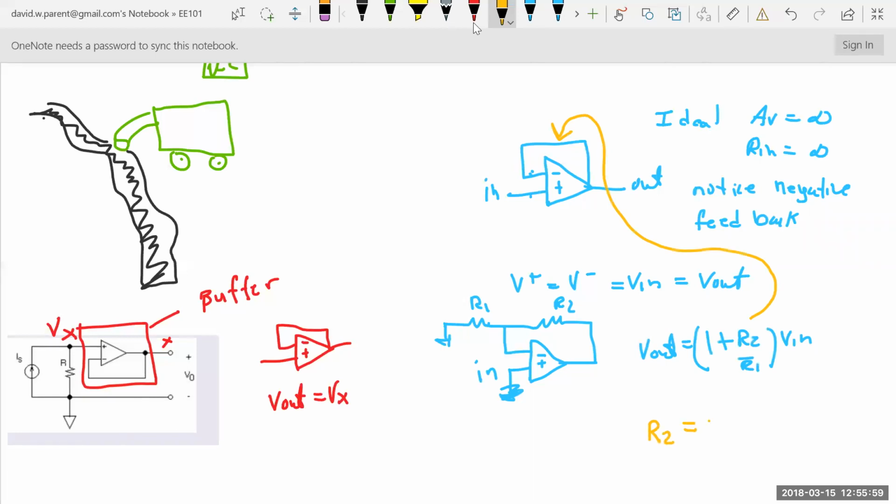R2 equals 0. R1, well, what's in between here? Nothing. So it's actually infinite.